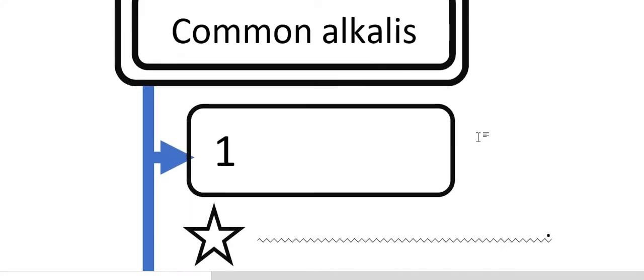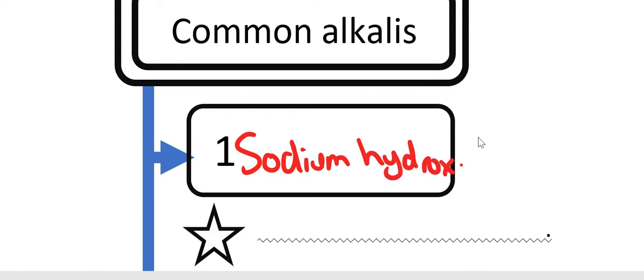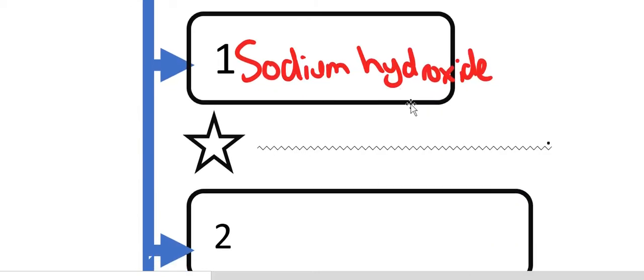Okay, what are some of the common alkalis that we know? So one of them is sodium hydroxide. And the star here refers to what it is used for. And sodium hydroxide, let's just do a recap.